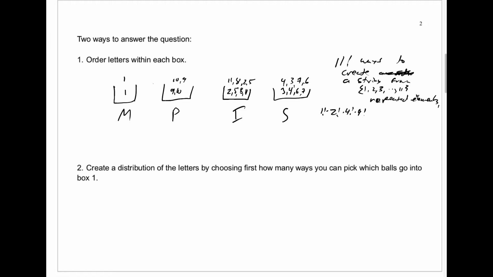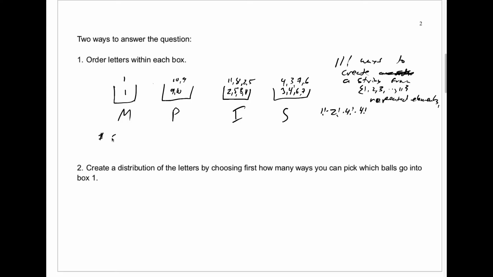So of these 11 factorial ways to write down a string containing each of the numbers 1 through 11 once, I can group them in groups of size 2 factorial times 4 factorial times 4 factorial, all of which will represent the exact same distribution.